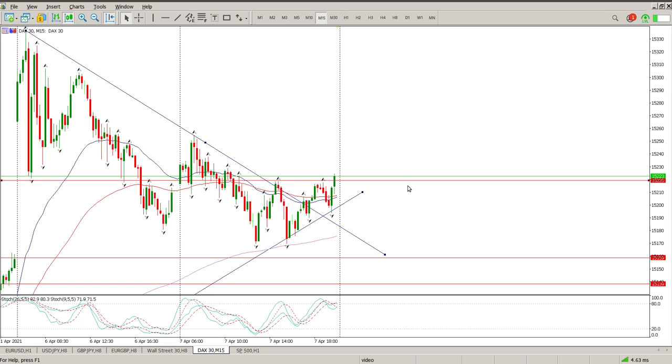If we can stay above this, and this is 15220, so if we can stay above it, break up, come back, test it, then there's definitely an opportunity for a long, and that long is going to be something along the lines of that.